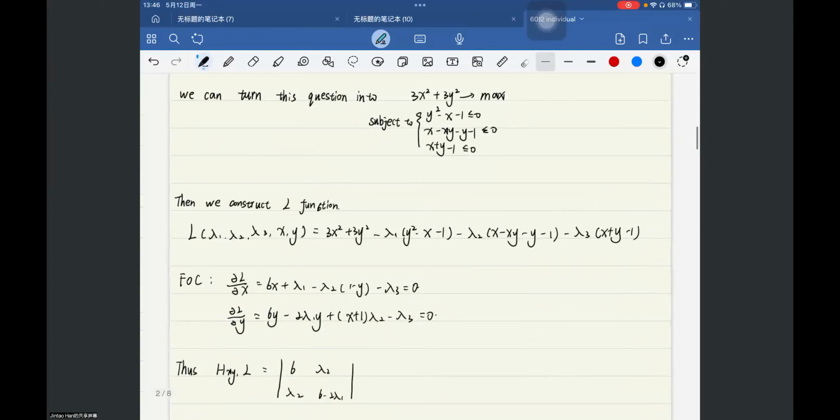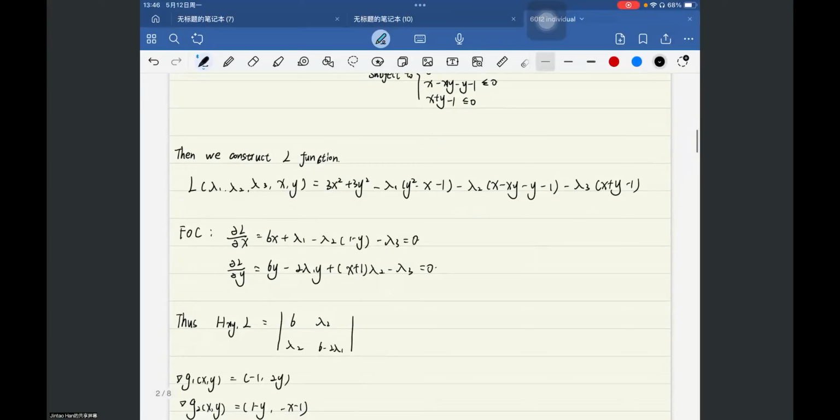Second, we can construct the Lagrange function. You can see it in this. So we can do the first order condition, and we can get these two functions.